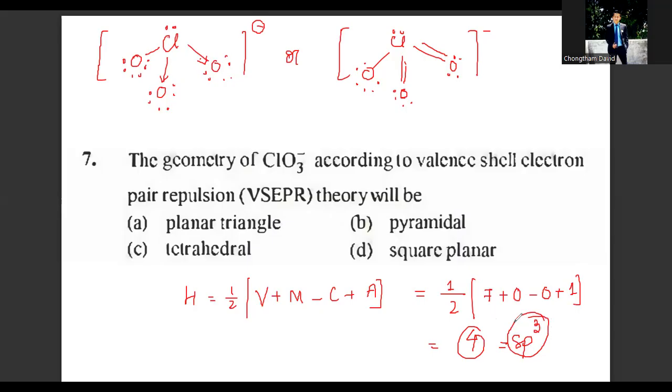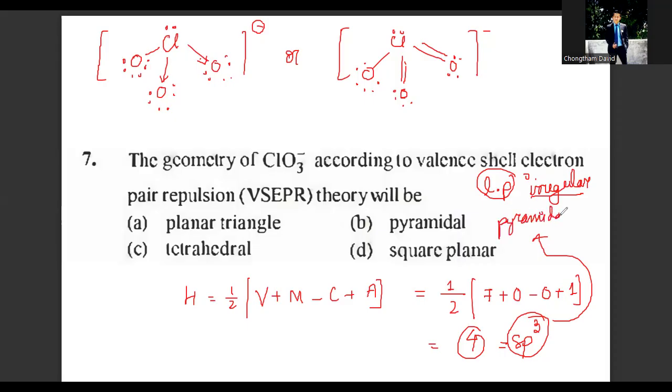And for this sp3 hybridization, there would be 2 types of geometry. One is regular and another one is irregular. If there is a lone pair of electrons, the geometry is not regular. Regular geometry would be tetrahedral. But here in this case, there is one lone pair of electrons, so the shape would be pyramidal.